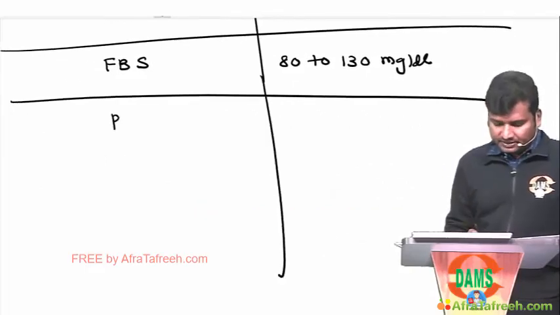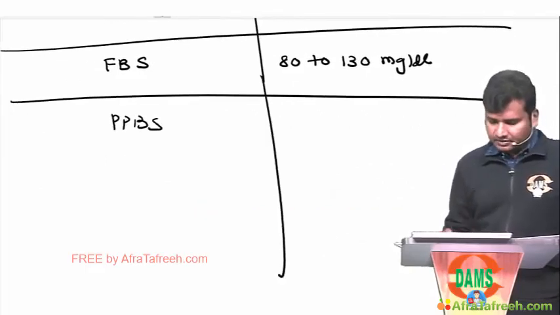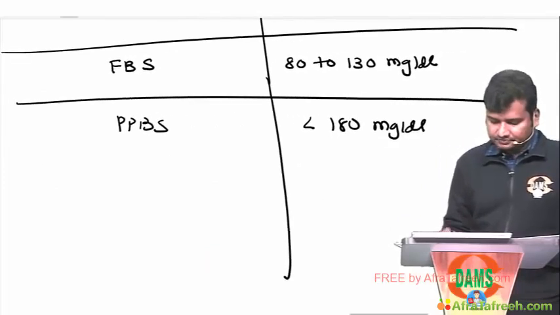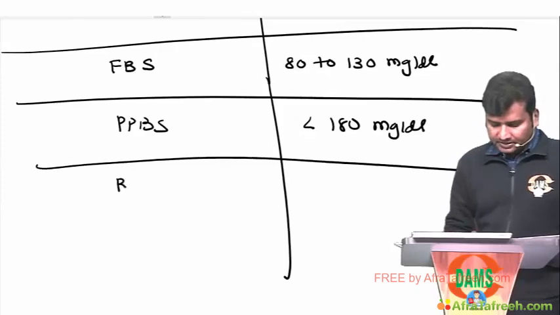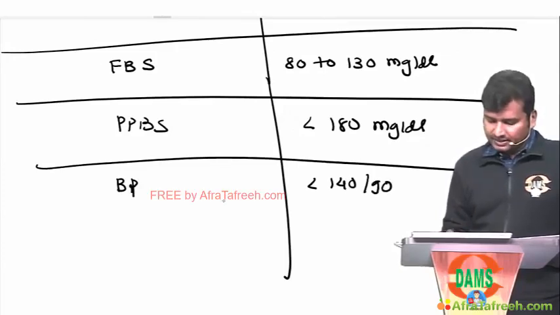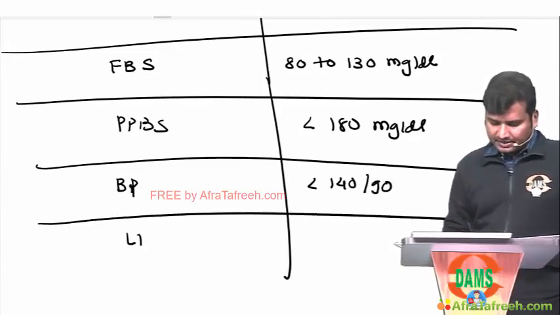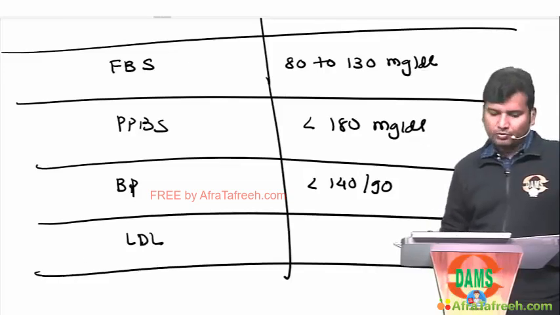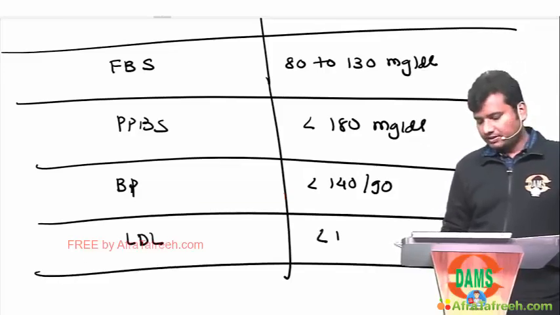Then PPBS less than 180 milligram per dl. Blood pressure, we want to keep below 140 by 90. LDL, low density lipoprotein, we want to keep below 100 milligram per dl.